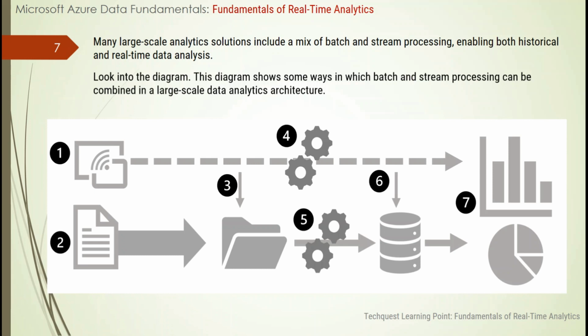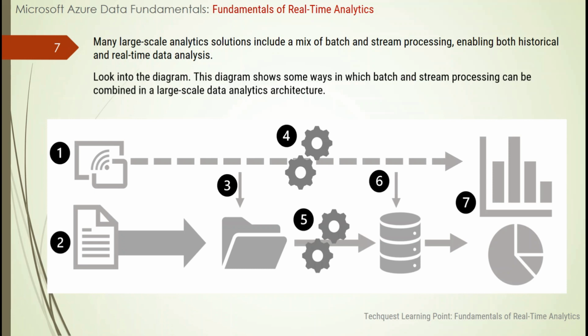If real-time analytics is not required, the captured streaming data is written to the data store for subsequent batch processing. 4. When real-time analytics is required, a stream processing technology is used to prepare the streaming data for real-time analysis or visualization, often by filtering or aggregating the data over temporal windows.